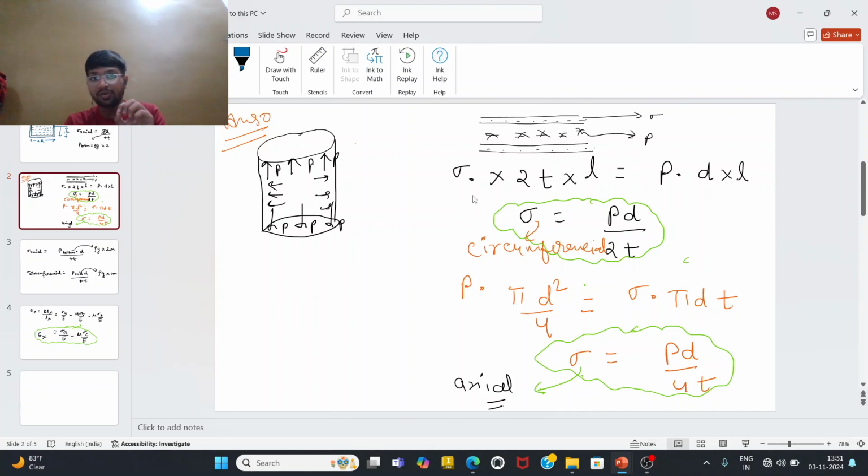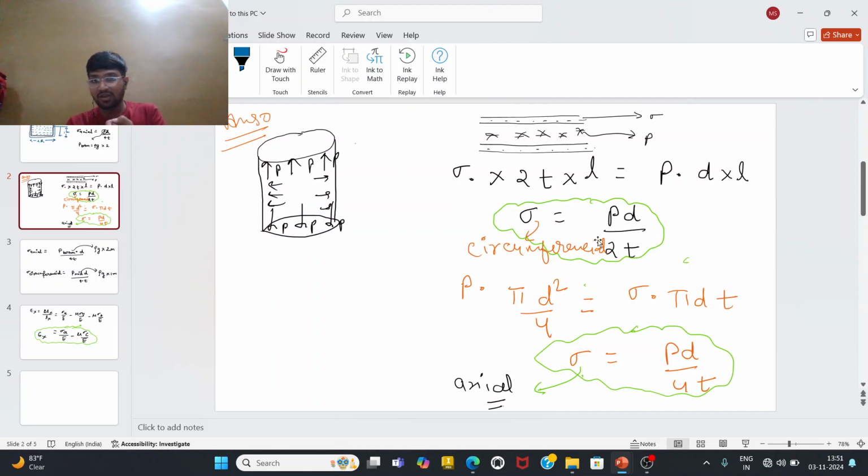Sigma times 2TL, where sigma is the stress in the circumferential direction, is equal to PD into L. I think you understand what I am saying. By using this, you get the circumferential stress as PD by 2T.